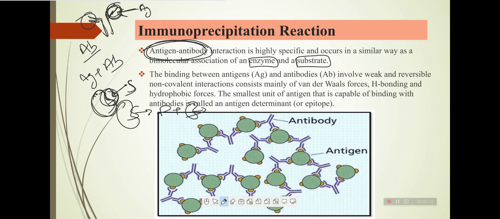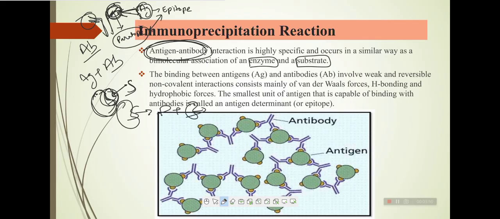The site where the antigen binds with the antibody is called the paratope in the antibody, and the epitope in the antigen, because the antigen also has a site where it binds with the antibody. So every paratope is very specific to its epitope.